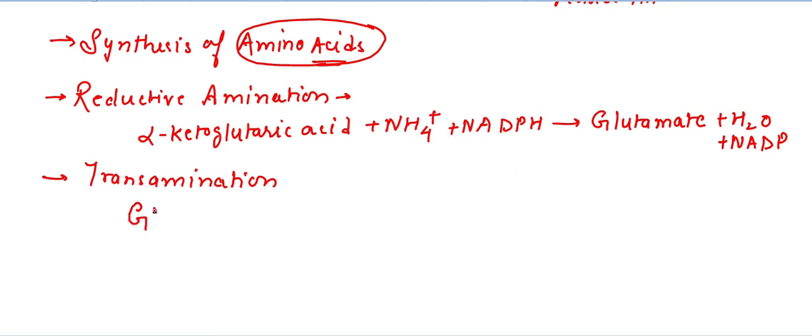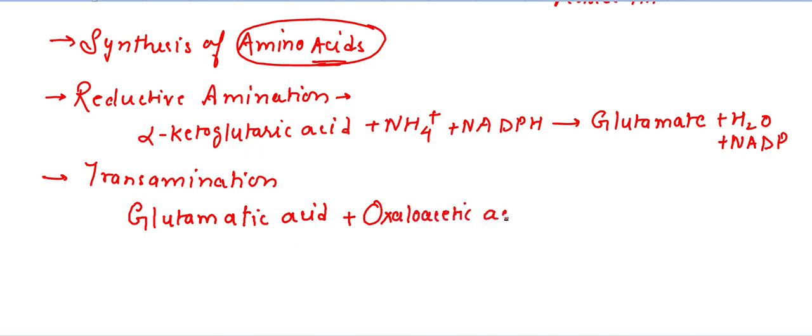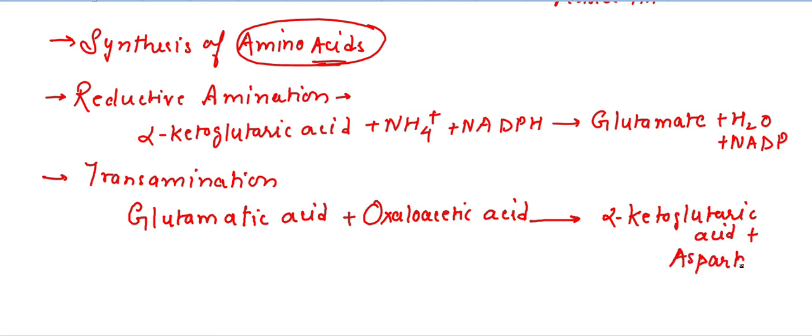So here you can write glutamate or glutamic acid plus oxaloacetic acid, and what is formed? Alpha keto glutaric acid plus aspartic acid.